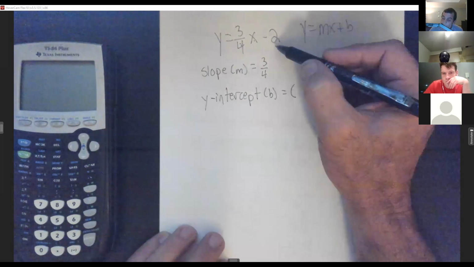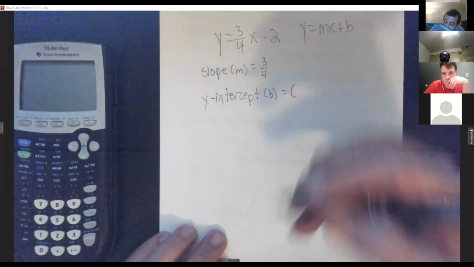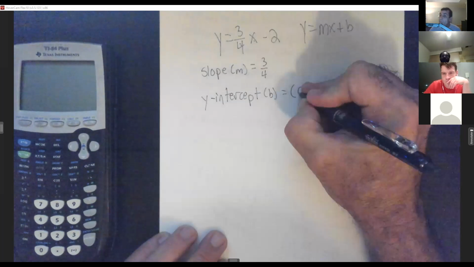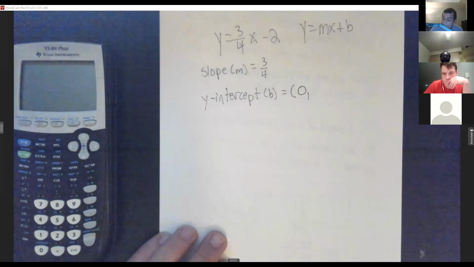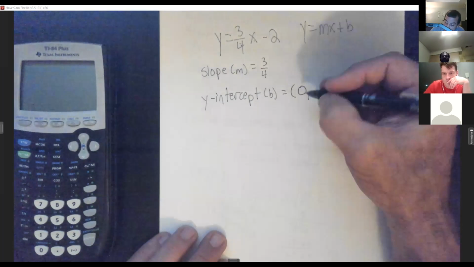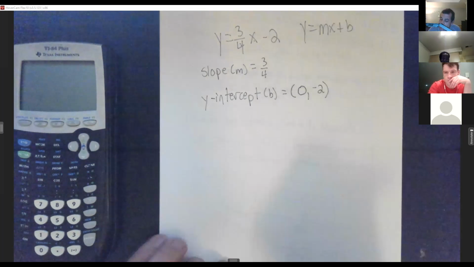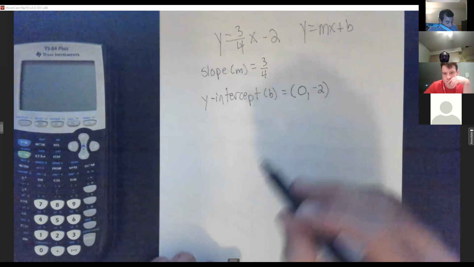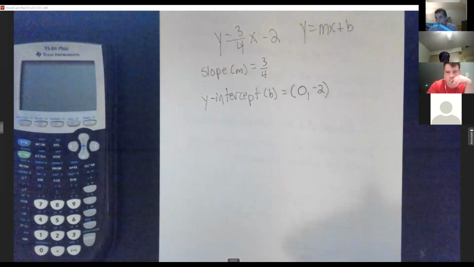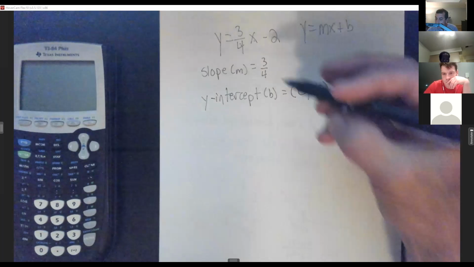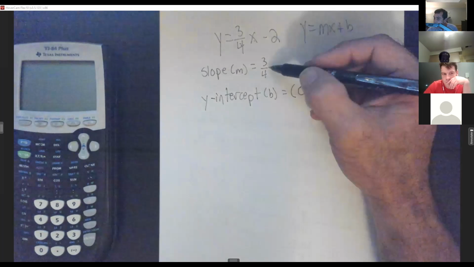So anytime you have a y-intercept, its x value is going to be 0, and then the y value will be the -2. So the y-intercept has to be written as an ordered pair in MATLAB when we start doing this. Slope, notice, is in fraction form.